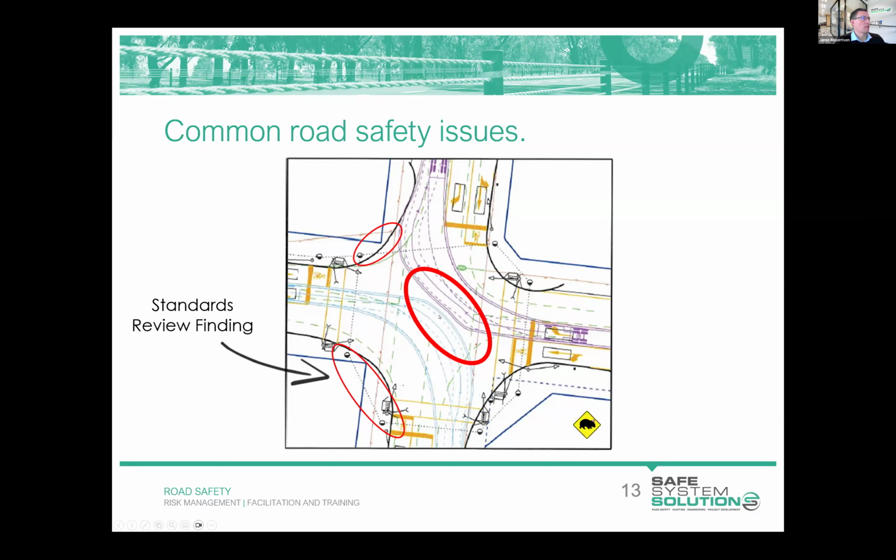Some other issues that may or may not be picked up by an auditor. At this corner of the intersection, if there were pedestrians present, there's obviously insufficient space there for pedestrians to get around the intersection corner, so that could be a potential issue.